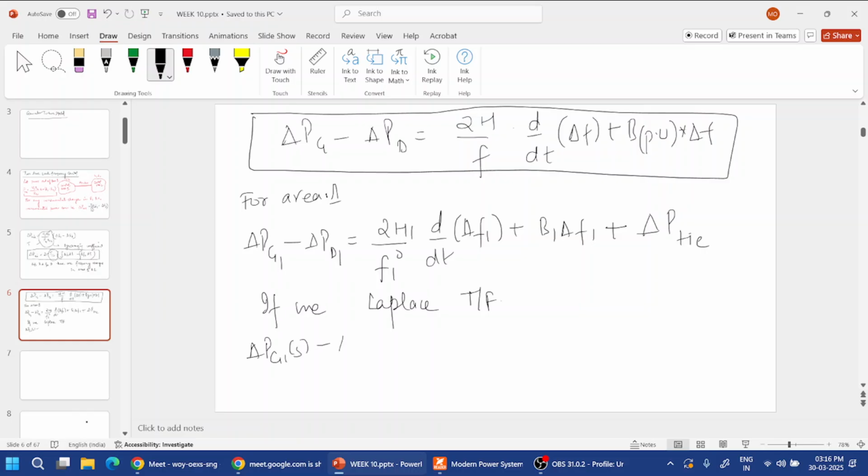del Pg1(s) minus del PD1(s) equals 2H1 upon f1 s del f1(s) plus B1 del f1(s) plus del P tie(s), which is also an equation of s.